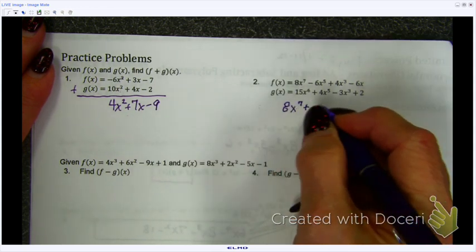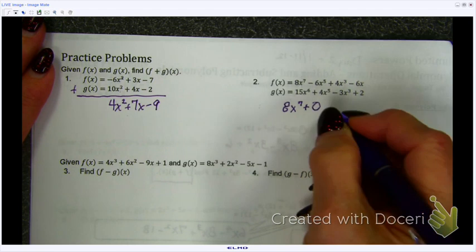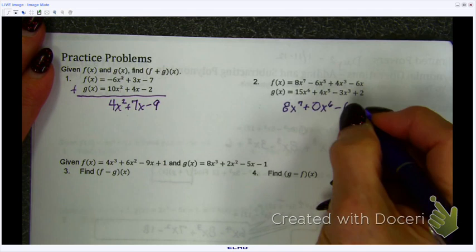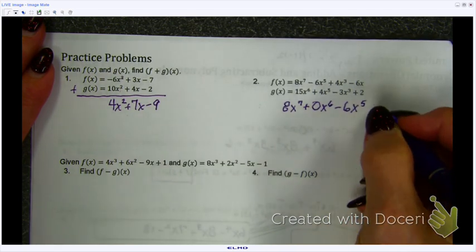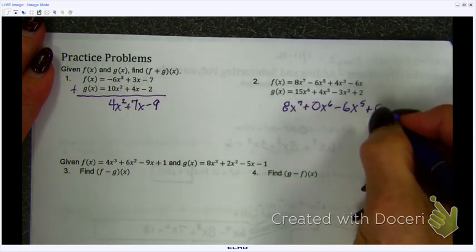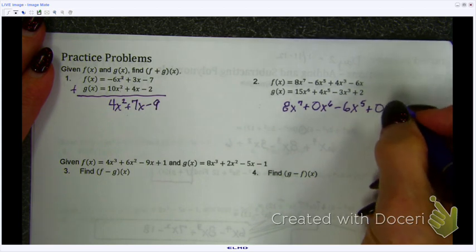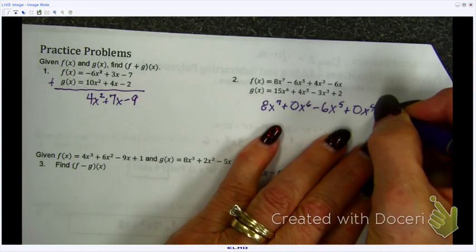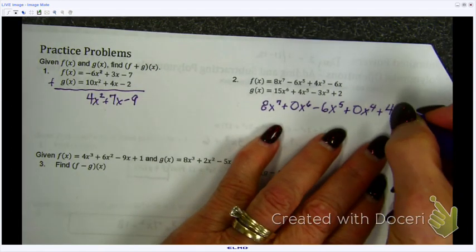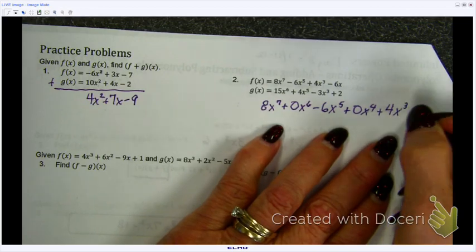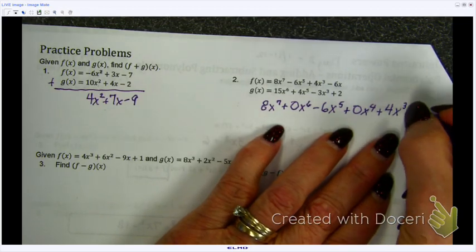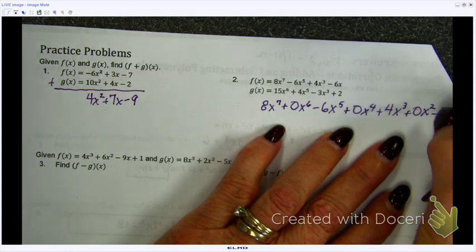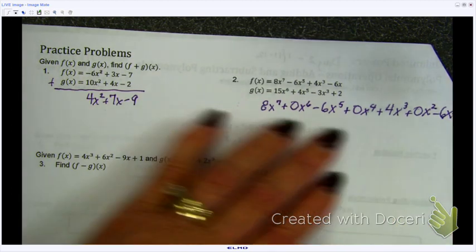We don't have an x to the 6th, so 0x to the 6th, minus 6x to the 5th, plus 0x to the 4th, plus 4x to the 3rd, plus 0x squared, minus 6x plus 0. And obviously I should have left more room.